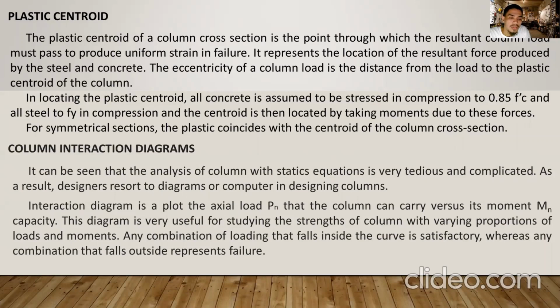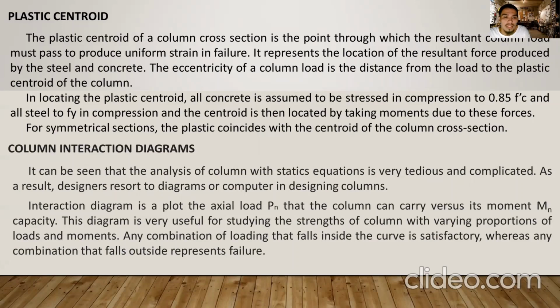In locating the plastic centroid, all concrete is assumed to be stressed in compression to 0.85 f'c and all the steel to fy in compression. The centroid is then located by taking moments due to this force. For a symmetrical section, the plastic centroid coincides with the centroid of the column cross section.